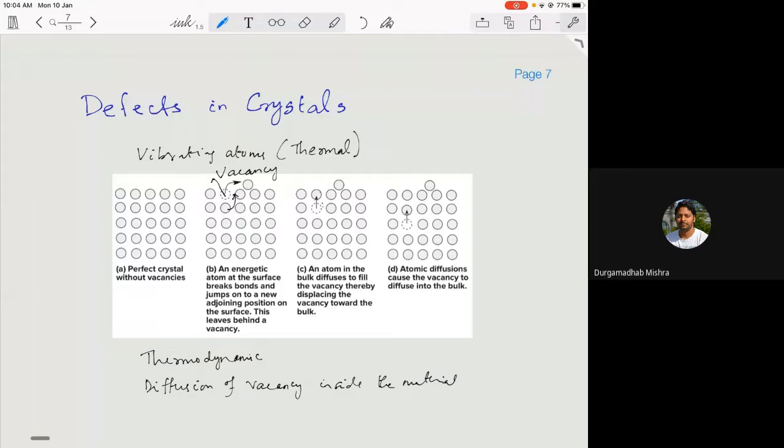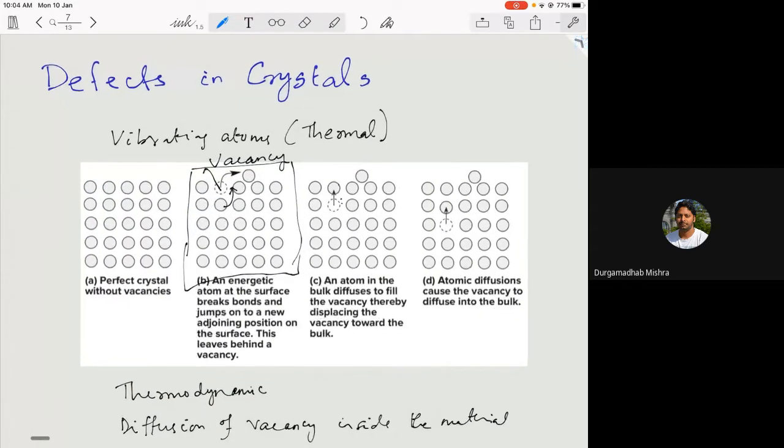If you look at this figure, one atom on the surface, the dotted one, is displaced from its original position and probably will sit on the surface attached to another atom.